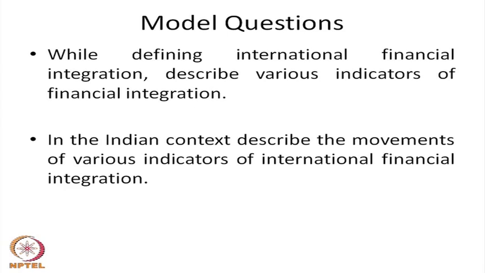While defining financial integration, you should say that the law of one price reveals financial integration. When financial integration exists, one price will prevail in the market, and the investor will not get any arbitrage opportunity. That is called financial integration. As I mentioned earlier, the indicators are very difficult to use to measure financial integration.